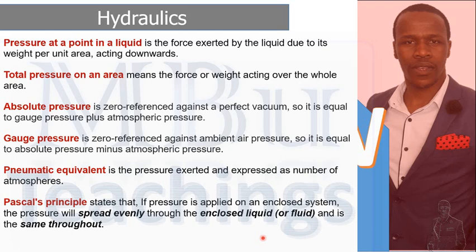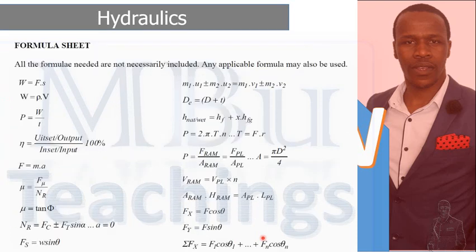So now we can move to the formula sheet. I found out that in your formula sheet we have these formulas for hydraulics, which are 7 basically: 4 from this side, 3 from this side. W is for work done.